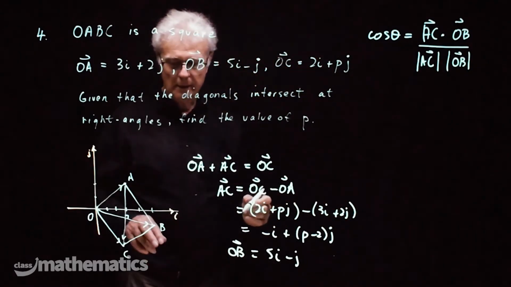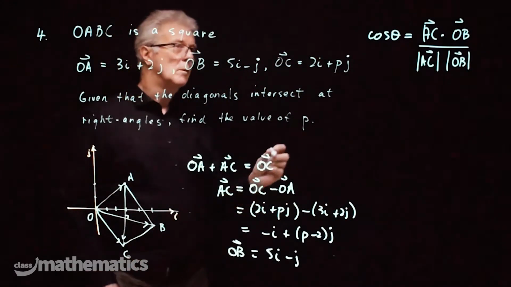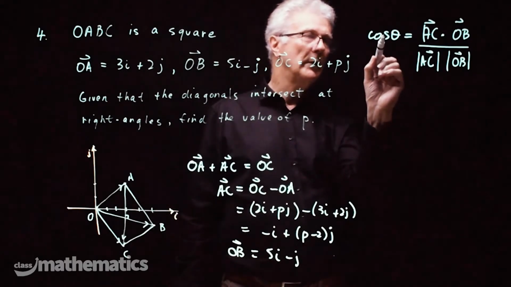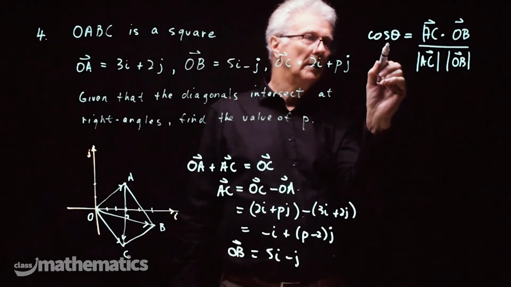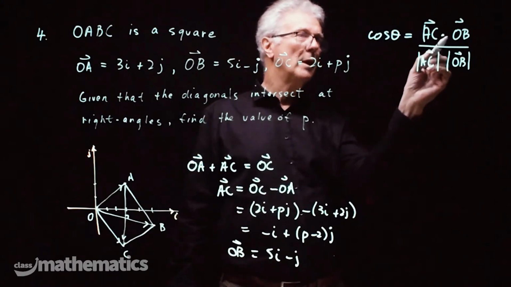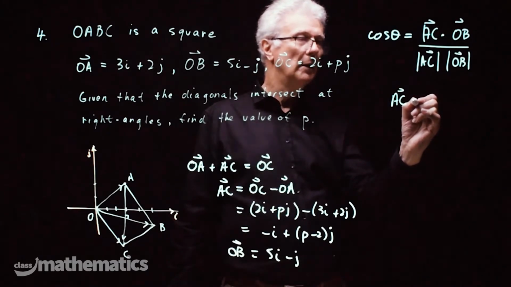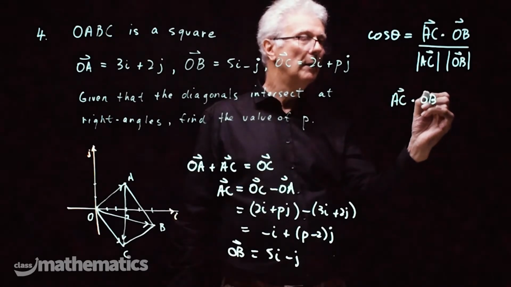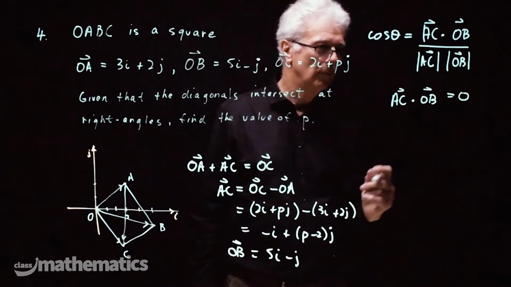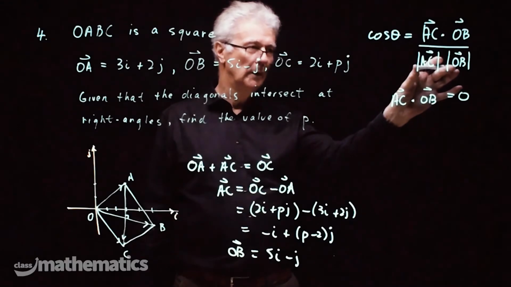Now, because they're meeting at right angles, we know that theta must be equal to 90, and we know that the cos of 90 is 0. So if that's 0, then all we have to know is that AC times OB must be equal to 0. We don't need to work out the magnitude.